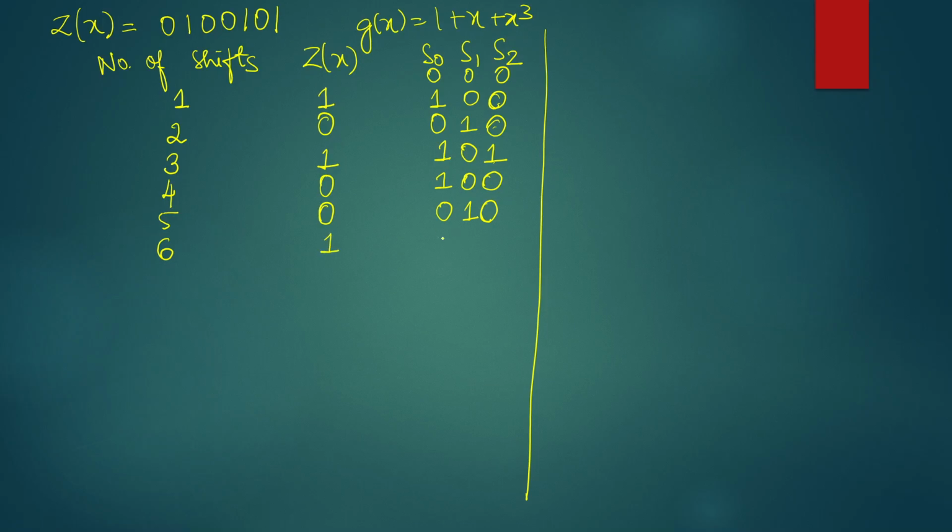So 1 plus 0 is 1. 1 plus extreme right bit 0 is 1. 0 plus 0 is 0. 1 gets shifted to the right, so it is 1. The last seventh bit is 0. 0 plus 1 is 1. 1 plus 1 is 0. 0 gets shifted to the right, it is 0.